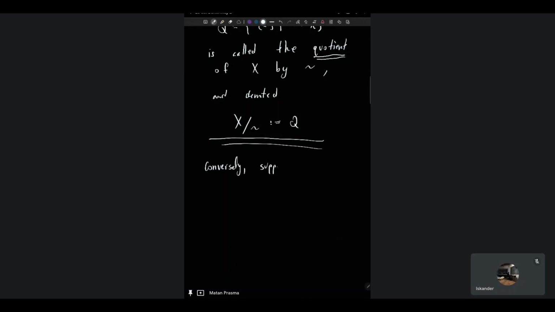suppose X is a set together with a partition. Let's call this partition P. What is a partition?